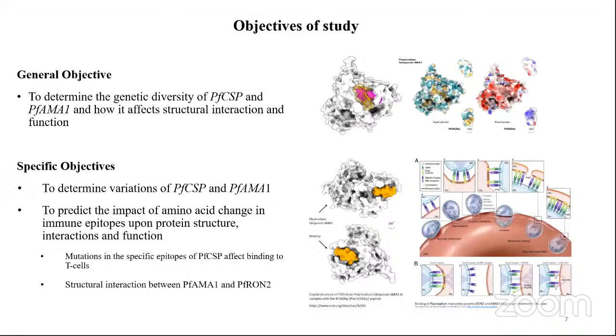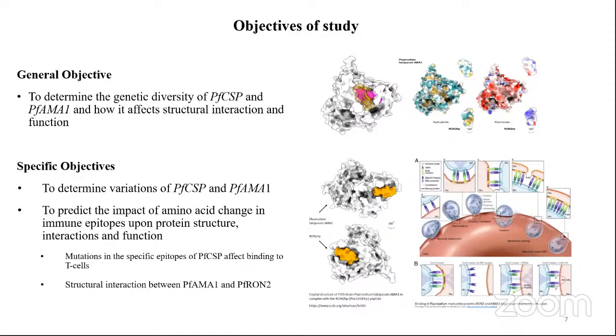What we want to do now is predict the impact of these variations, in the form of amino acid changes in specific immune epitope regions, upon the protein structure, interactions, and functions. For PfCSP, we are looking at mutations at the T cell epitopes and how they affect binding to T cells.